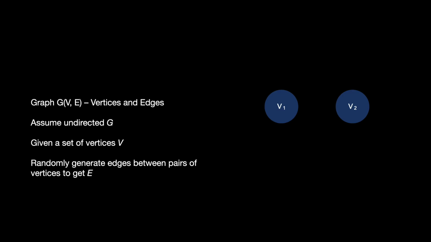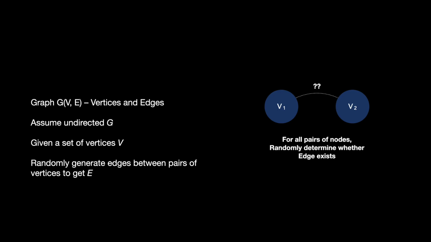When we talk about random graphs, we're going to assume it's undirected just for simplicity. And we'll assume that we have some set of vertices, maybe we know the number of nodes that we want in our graph. To create a random graph, we're going to go through all pairs of these vertices and randomly decide whether that pair has an edge or not to generate a random graph.